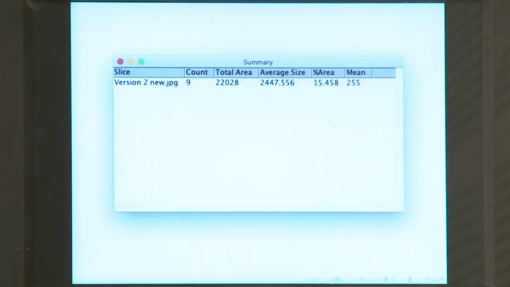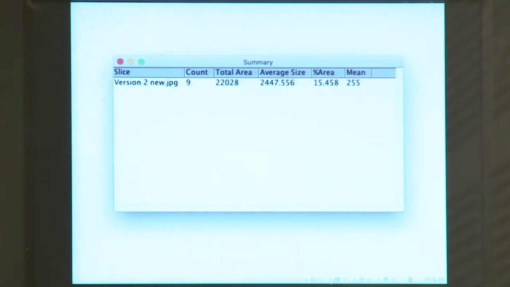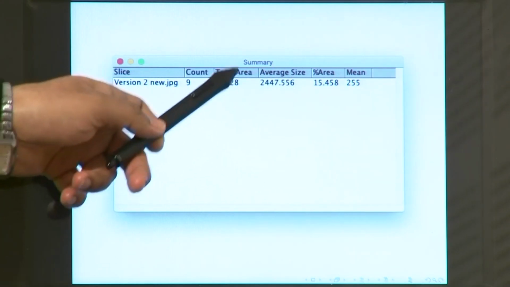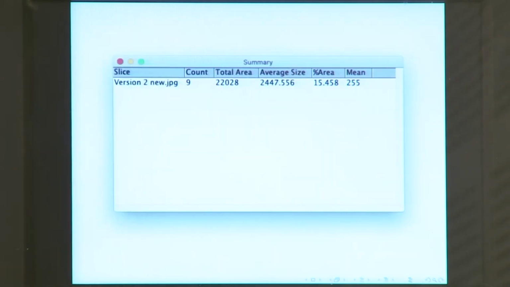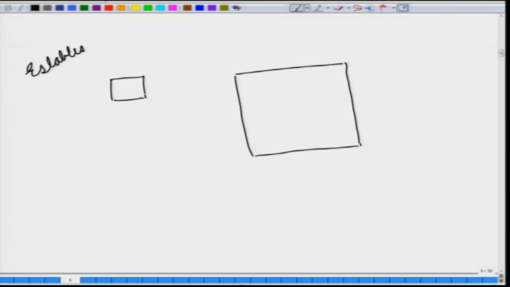So, we can make use of such information to get, say, the count of the number of pits, the average size of each pit. Now, that is important, because if you make a small pit versus a large size pit, then there will be differences in the establishment of your seedlings.